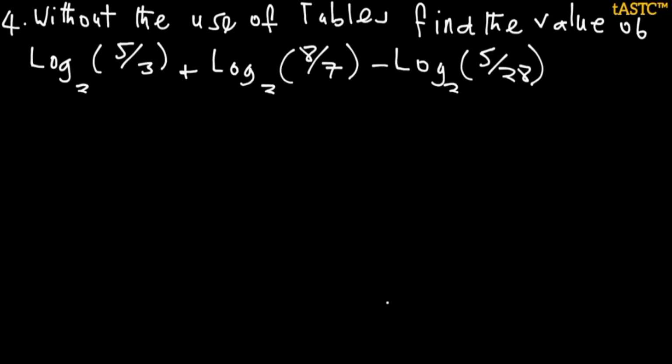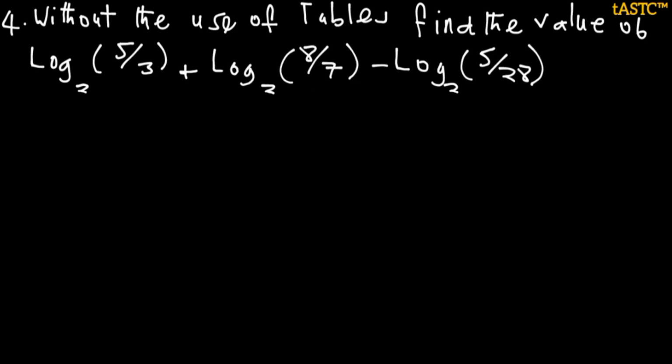And the fourth question says, without the use of tables, find the value of this stuff. So you can find that we have similar bases here. We have a log to the base 2 for each logarithm. So we could combine all this. And since we have a plus and a negative there, that is going to be a multiplication of this stuff and this.